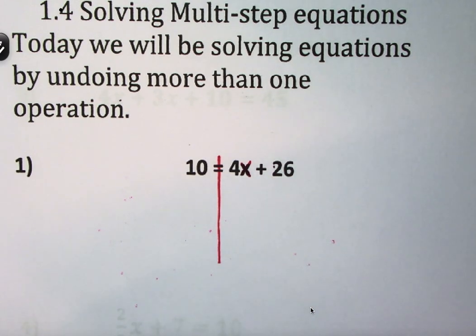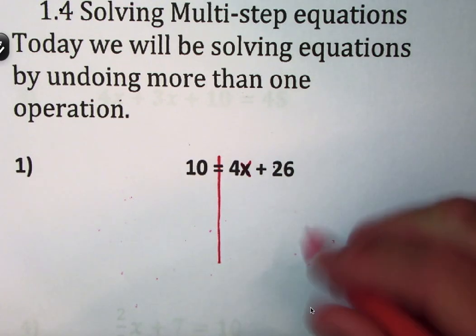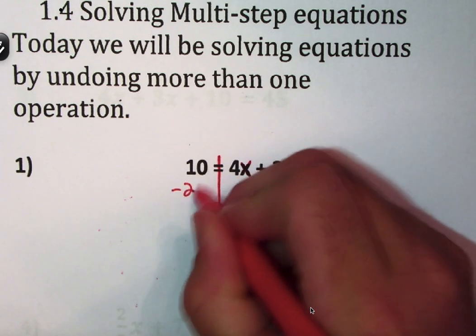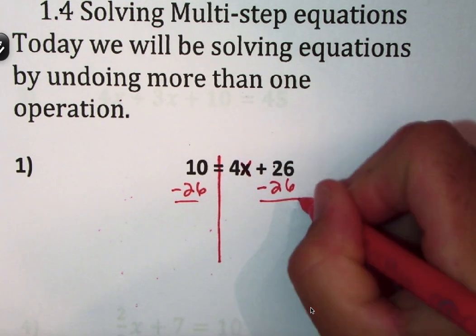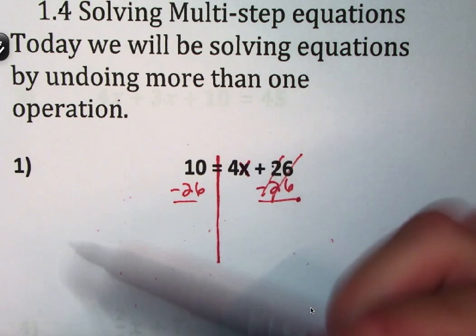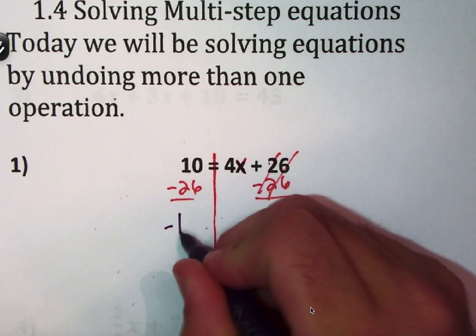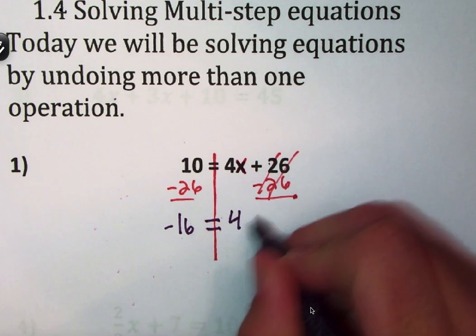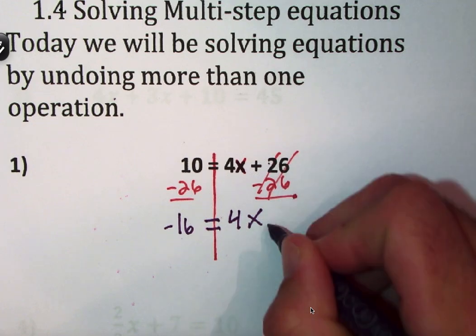Go to the bottom of the order of operations and undo those first. So we're going to take away 26 from both sides. And that cancels that out. And now 10 minus 26 is negative 16, which will equal 4x, because 26 take away 26 is 0.